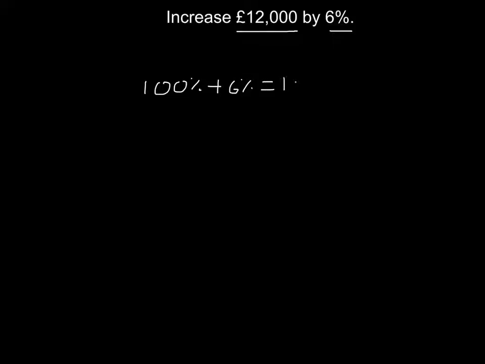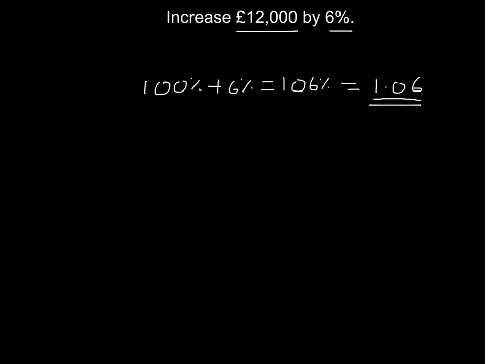So together, we want 106%. So that's 106% of the original £12,000. As a decimal, that would be 1.06. So 1.06 is going to be the multiplier that we use to increase any quantity by 6%.